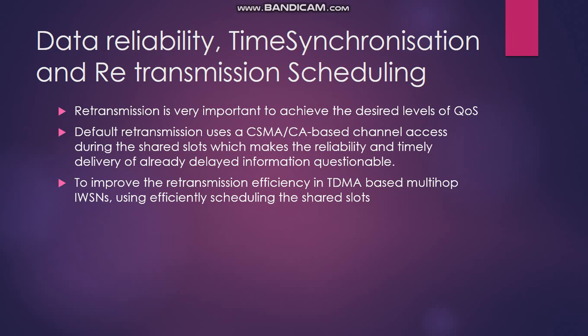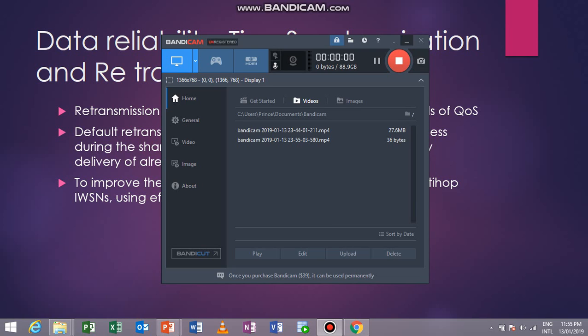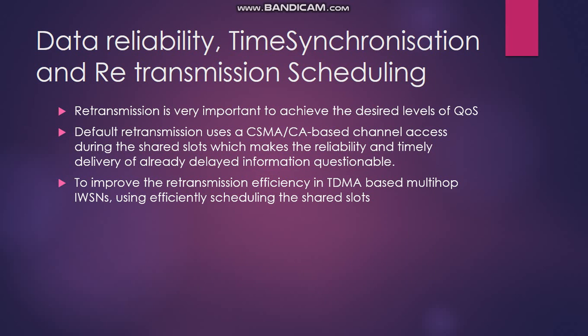In this aspect, minimal research is available to improve the retransmission efficiency in TDMA-based multi-hop IWSN by efficiently scheduling the shared slot in a priority mechanism, which attempts to improve the quality of service for high priority communication by allowing it to retransmit the failed communication of high significance over the time slot assigned to lower priority communication, hence offering better reliability.